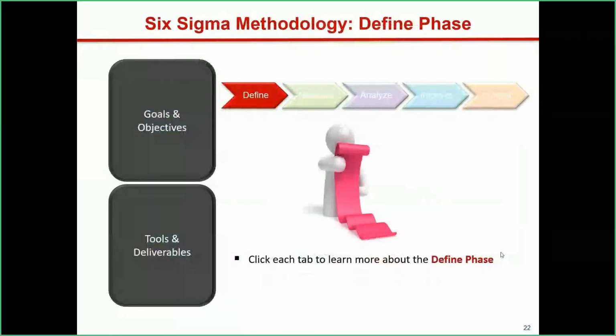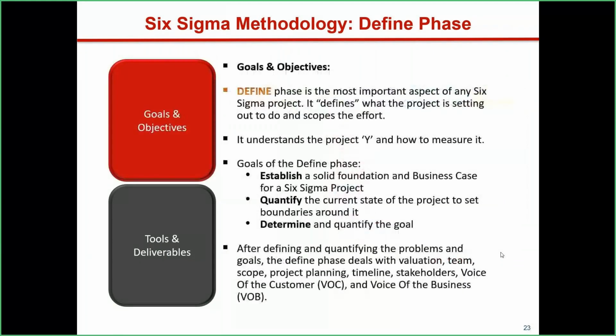Okay, so let's understand the deliverables. So goals, objectives, and tools and deliverables in detail. In the define phase, the goal and objectives are: the define phase is the most important aspect of any Six Sigma project. It defines what the project is setting out to do and scopes the effort.